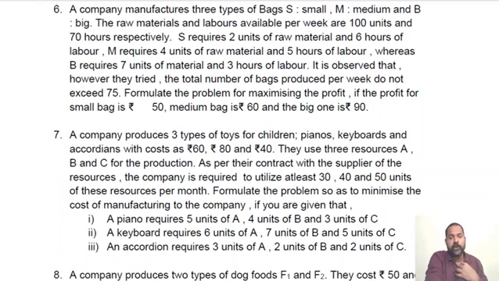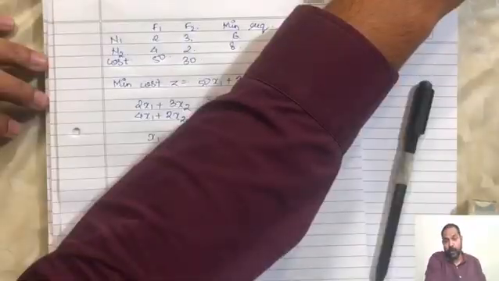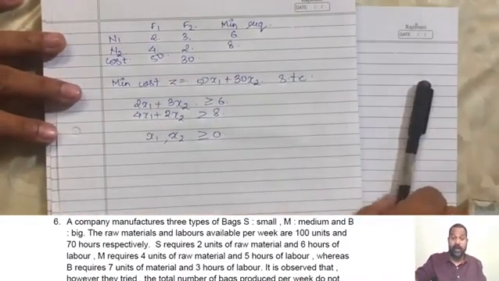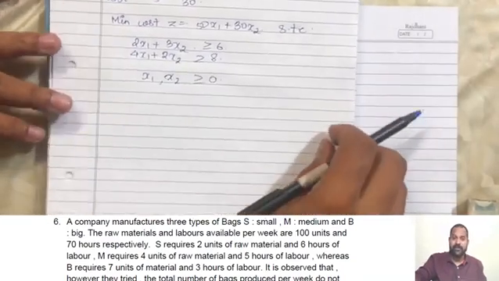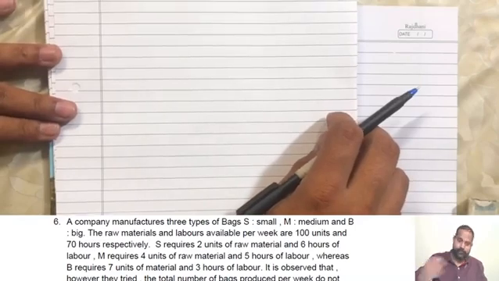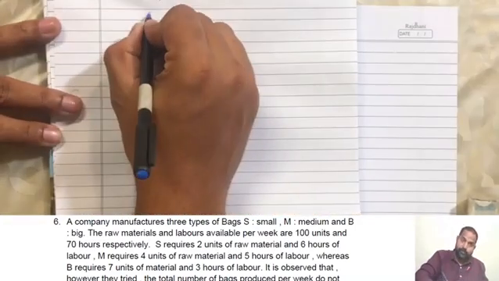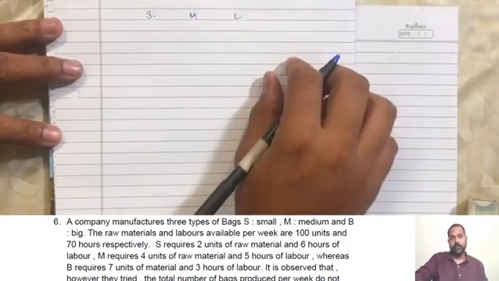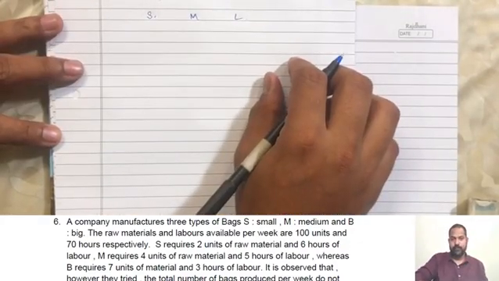So whose profit do I have to maximize? The small, medium and the large bag. Well, if I have to maximize the profit of the small, medium and the large bag, then the small, medium and the large bag become my variables. So what I'm going to do is say that small, medium, large are my variables.